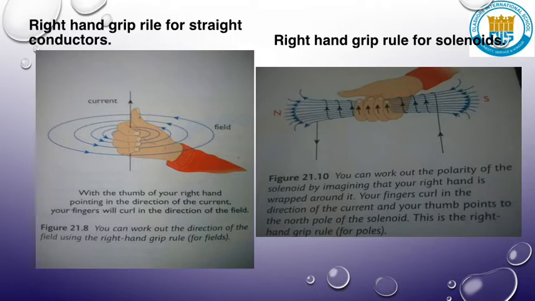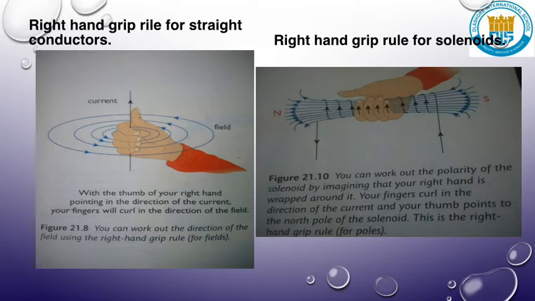Now, this same rule is applicable for solenoids. What are solenoids? Solenoids are just like your straight conductor, but rather than making that conductor straight, you now coil it. You turn it into coils of wire. You turn it round and round until it makes a coil. What you have then is a solenoid.